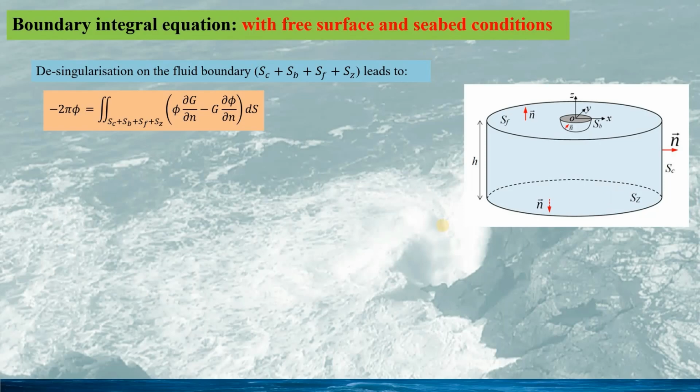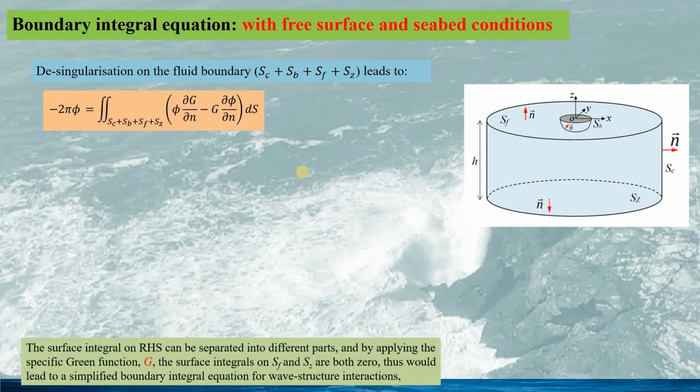And from the Green's theorem, this boundary integral equation is correct for an arbitrary control surface SC, whether it is at the far field or in the near field close to the body surface.